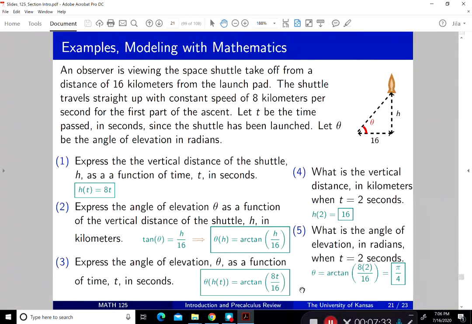This is how you calculate that rate of change in theta. Let's say someone with a camera is standing there trying to keep up with the shuttle. That person needs to know how fast theta is increasing, and that's how you figure it out in calculus.